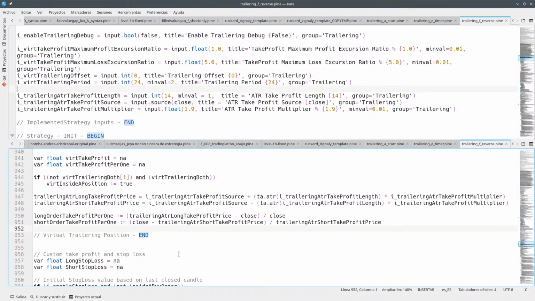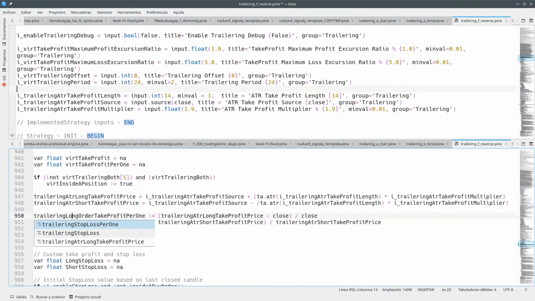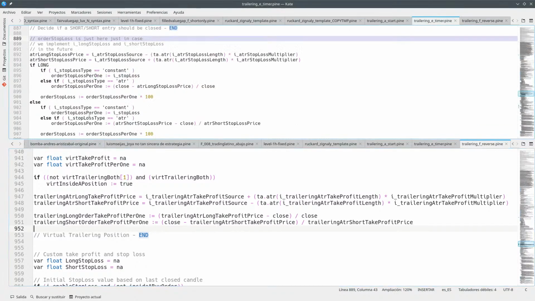So we have this. Wait a moment. Long order take profit per one. Yeah, so this is trailing. We're going to have so long variable names, otherwise this does not make sense. Trailing long order take profit per one. Yeah, I mean, why do we want order here? Is it because originally it was order stop loss?